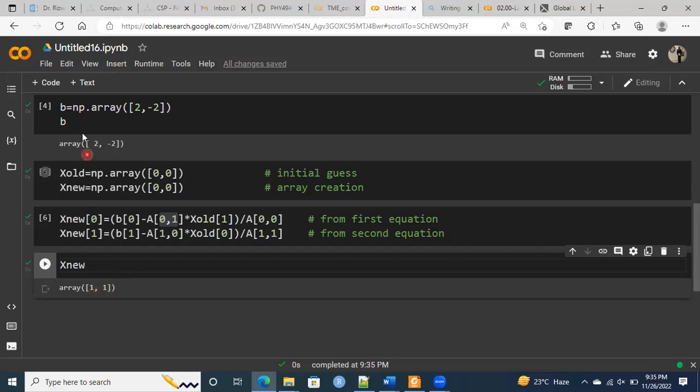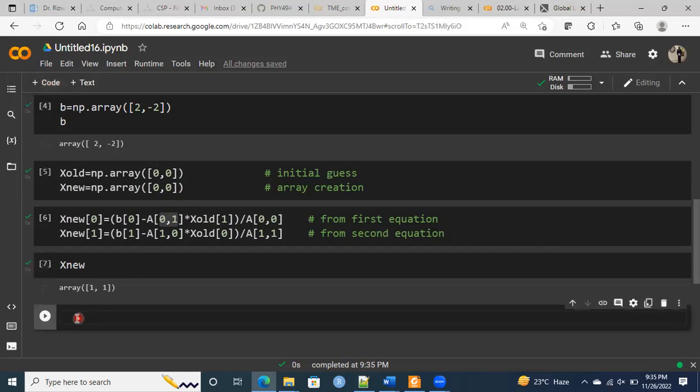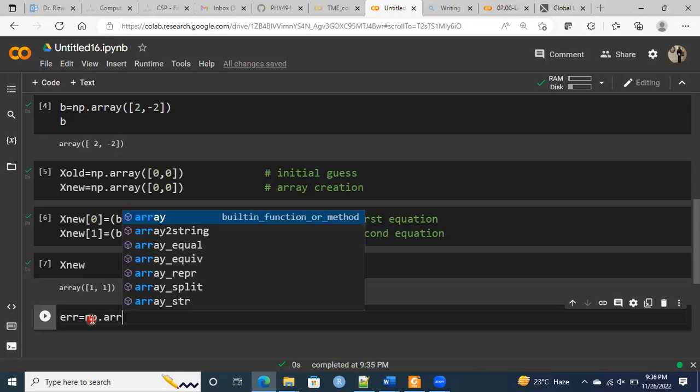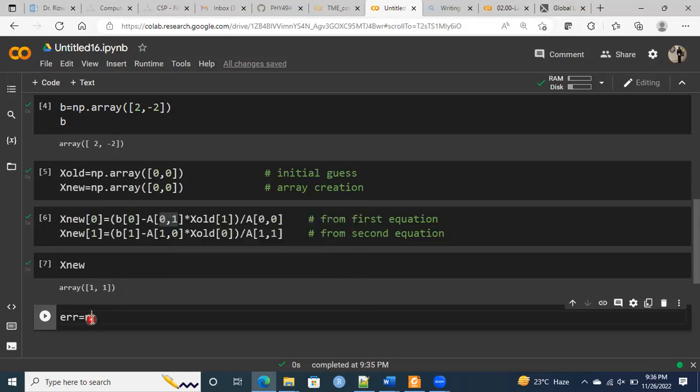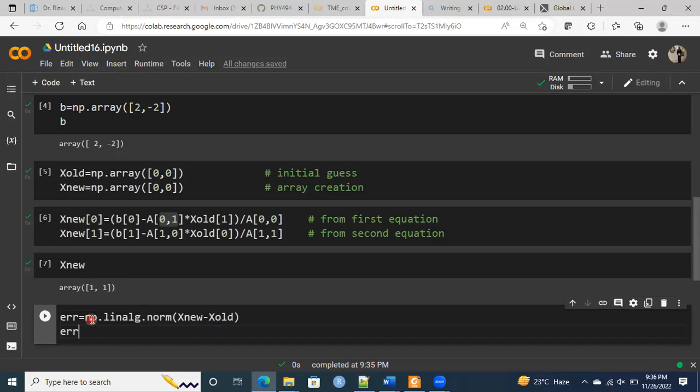Right. The next step in the algorithm is to compute the error. We compute the error as the numpy dot linear algebra dot norm function, and I'm interested to compute the norm of x new minus x old, and this is like the distance formula.